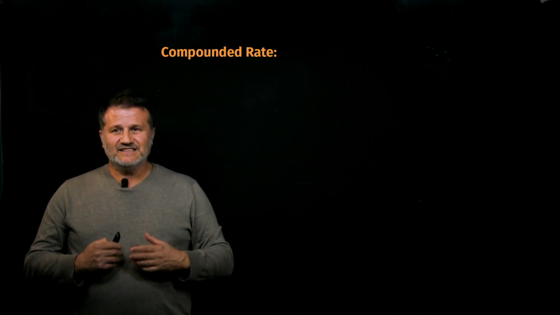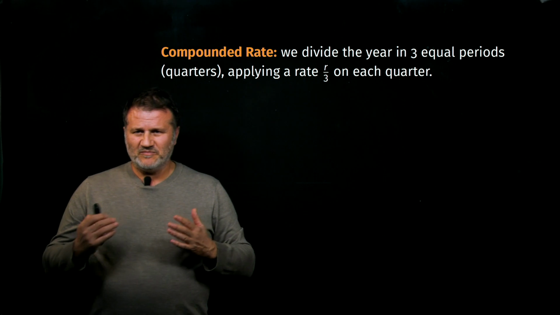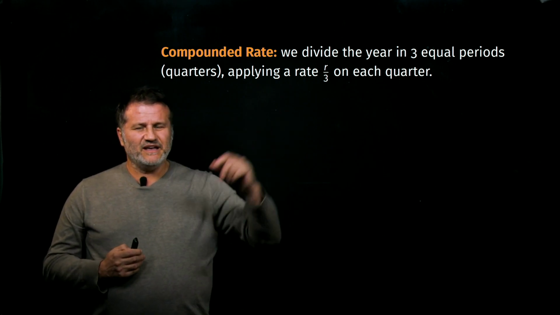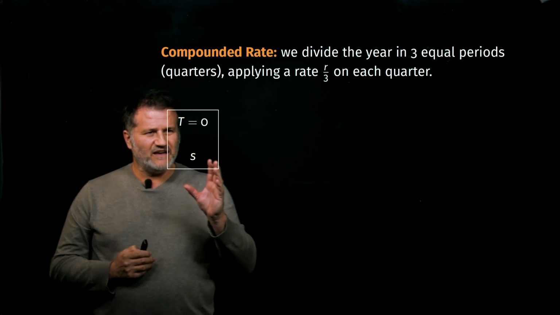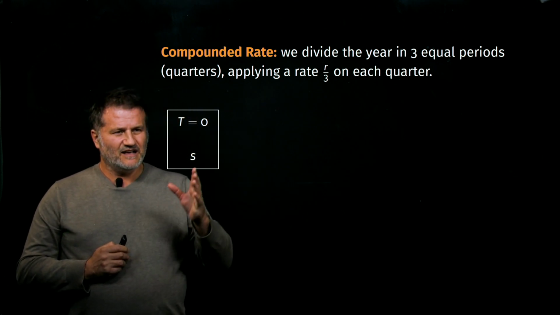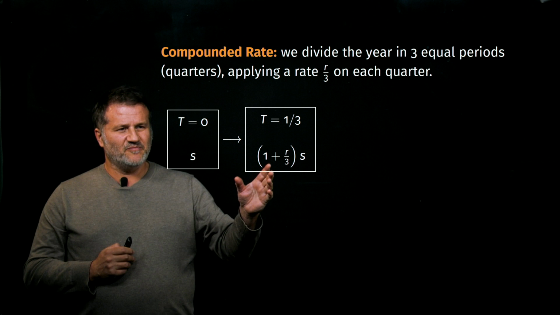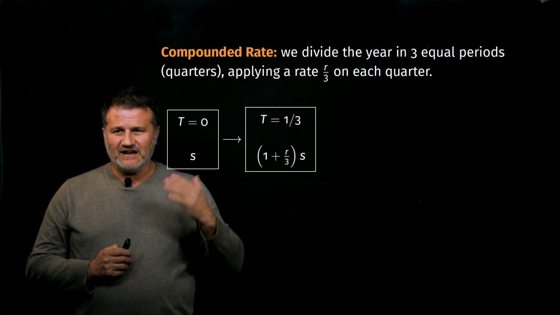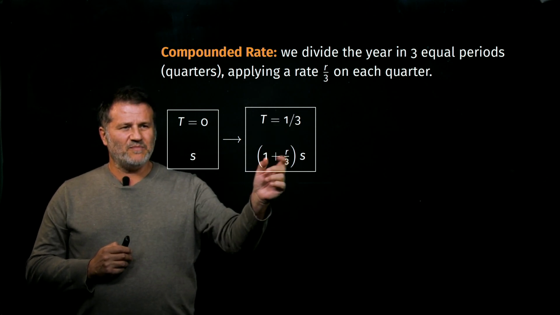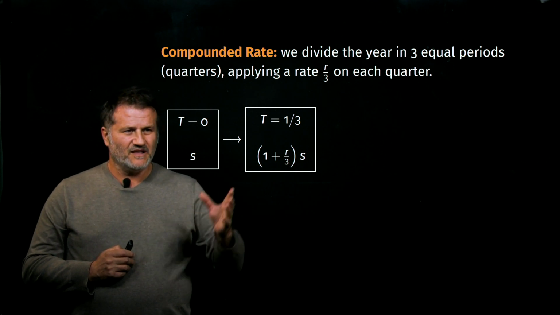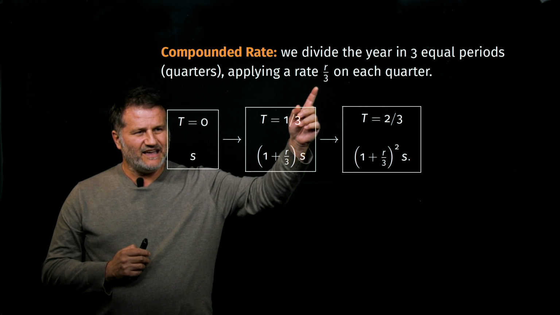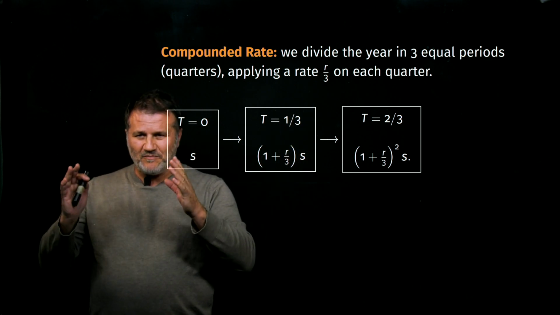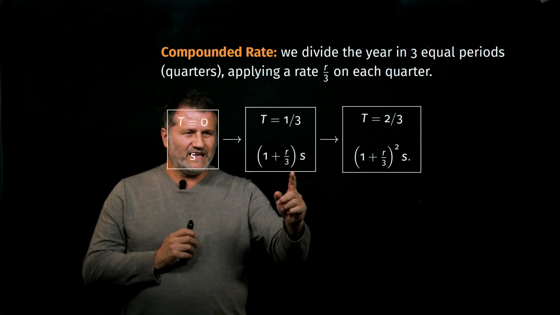Now let's divide the year into 3 equal periods, applying a rate R over 3 on each period. So initially we have our amount S. After 4 months, the bank pays the first time the rate R over 3, so we have 1 plus the rate times S. After another period of 4 months, the bank will pay again the rate R over 3, so we will have 1 plus R over 3 times the amount we had here.